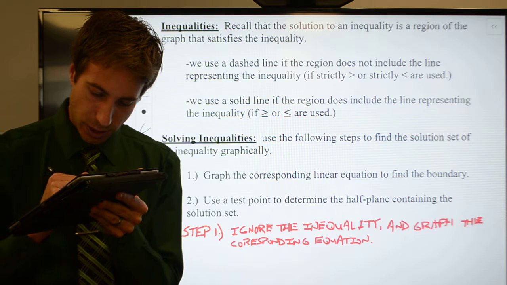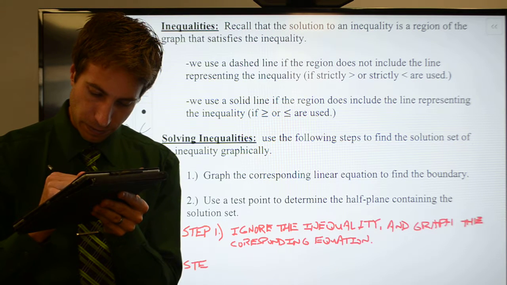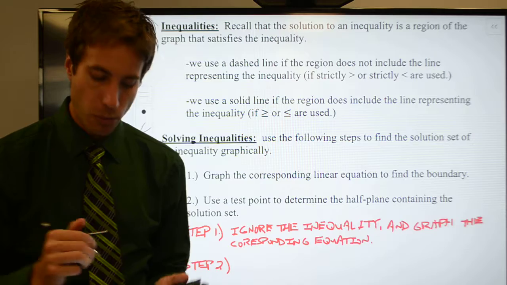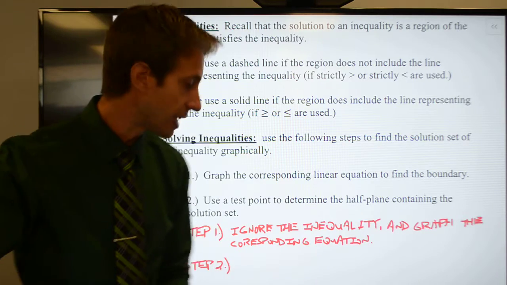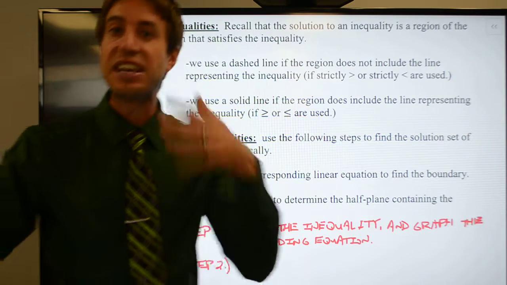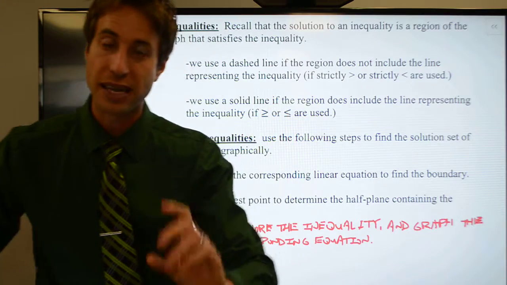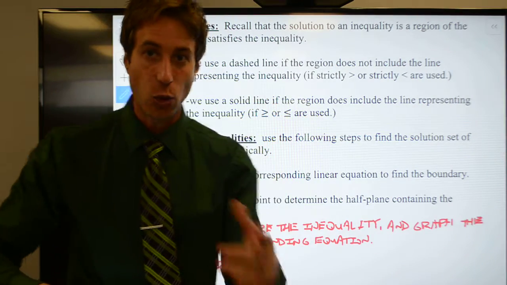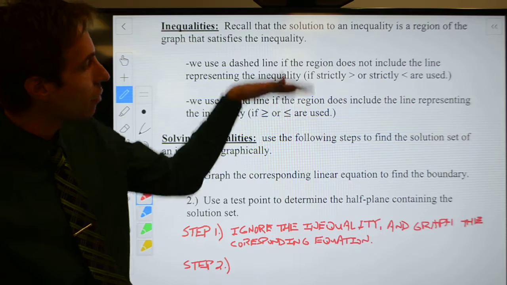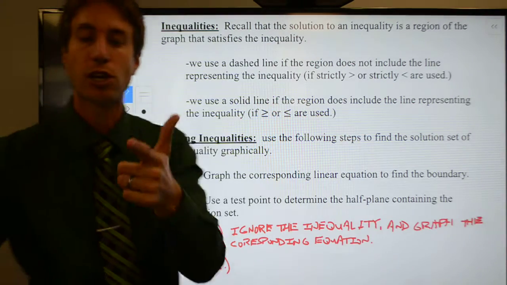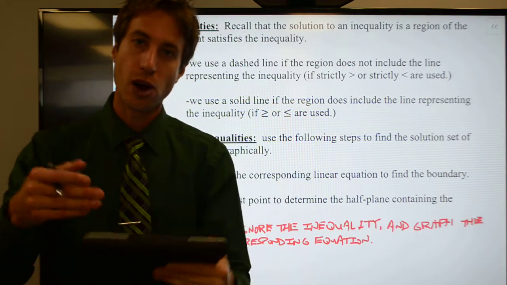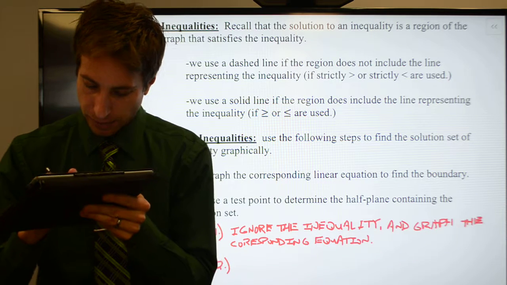Step 2: once you have graphed the corresponding equation, now it's time to begin to consider the inequality. Depending on the inequality you've been given, you will draw either a solid or a dotted line.